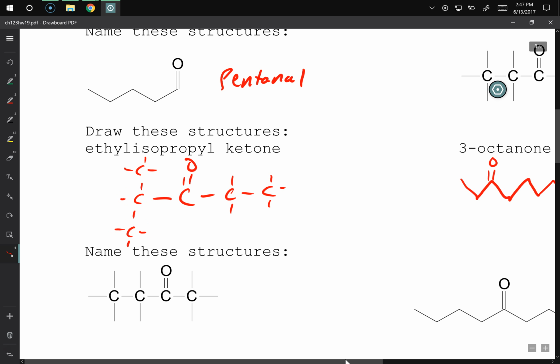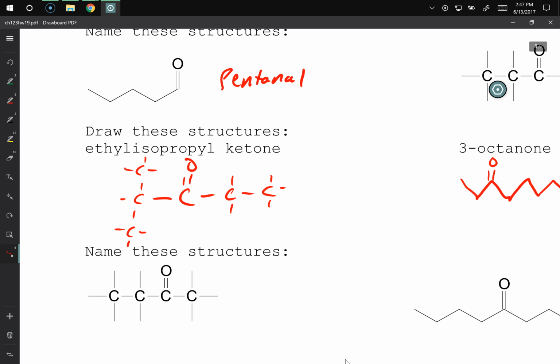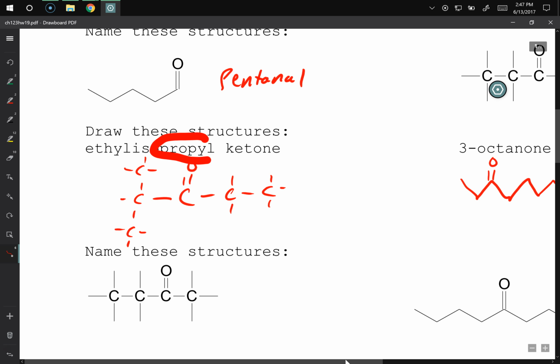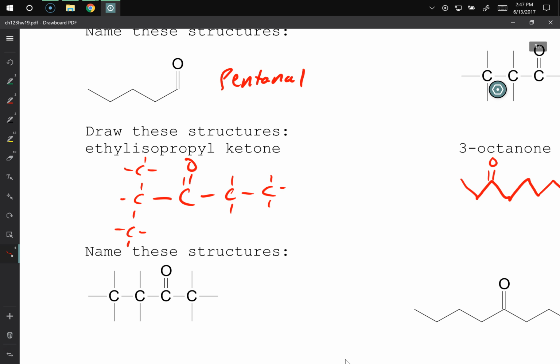Are you okay with that? It wouldn't be connected to the middle. But because it says iso, what's that telling you? It means different. It means I'm connecting a 3-carbon side chain differently than on the end. There are 2 options to connect 3 carbons to a chain, either on one of the ends or in the middle. So that's why I have to say iso. Does that make sense?